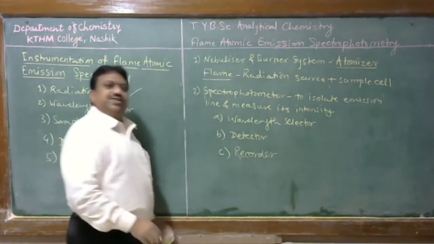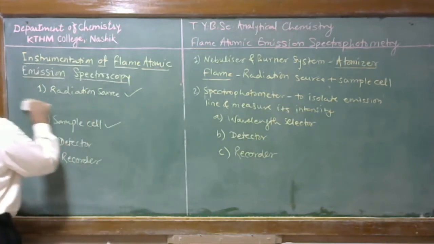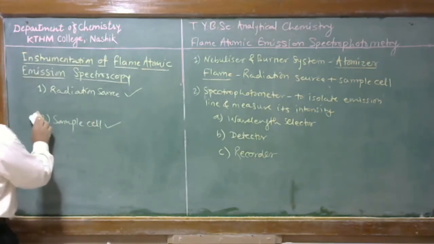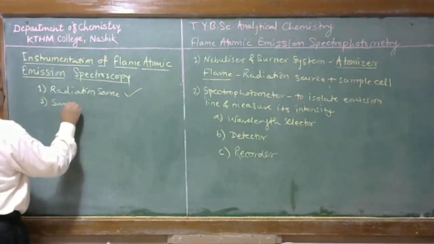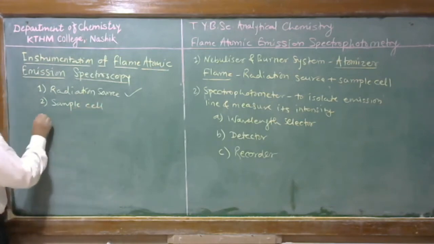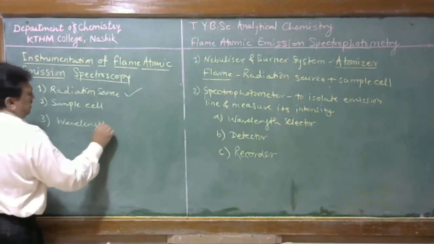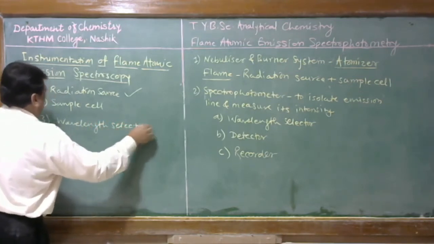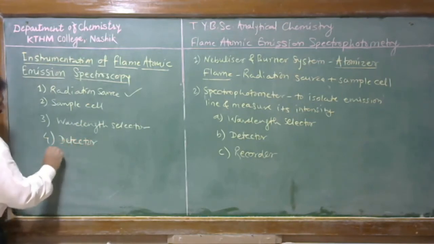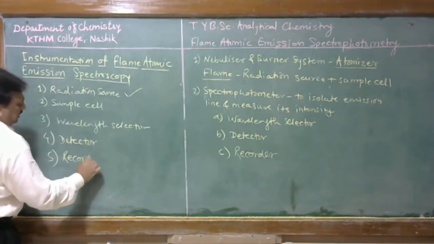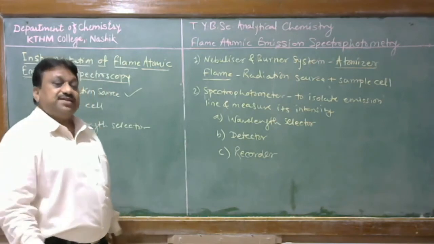Therefore, when we arrange these 5 components in this case, then number 1 is a radiation source, second is a sample cell, third component is a wavelength selector or monochromator, fourth component is detector, and fifth component is recorder. Here detector is a photo detector, and recorder is a galvanometer which measures the current.